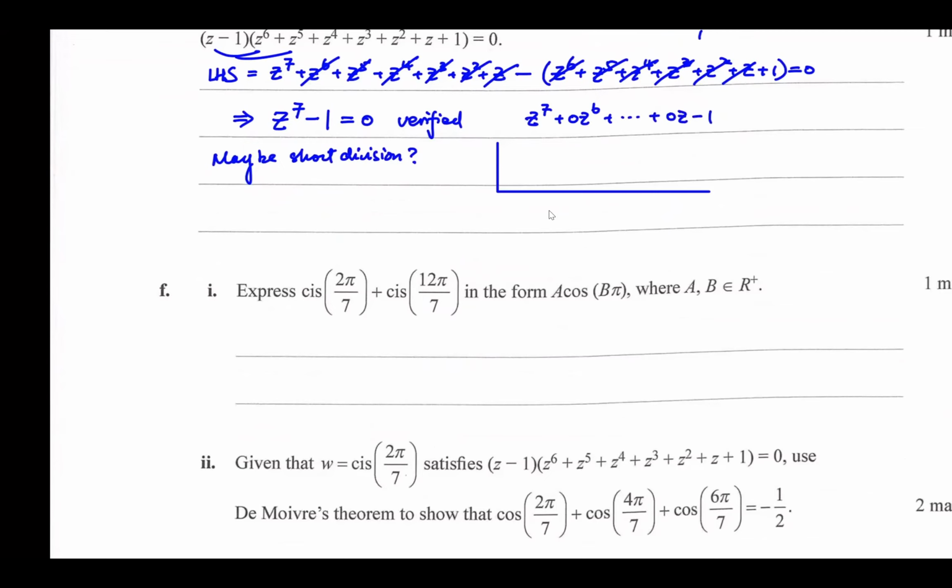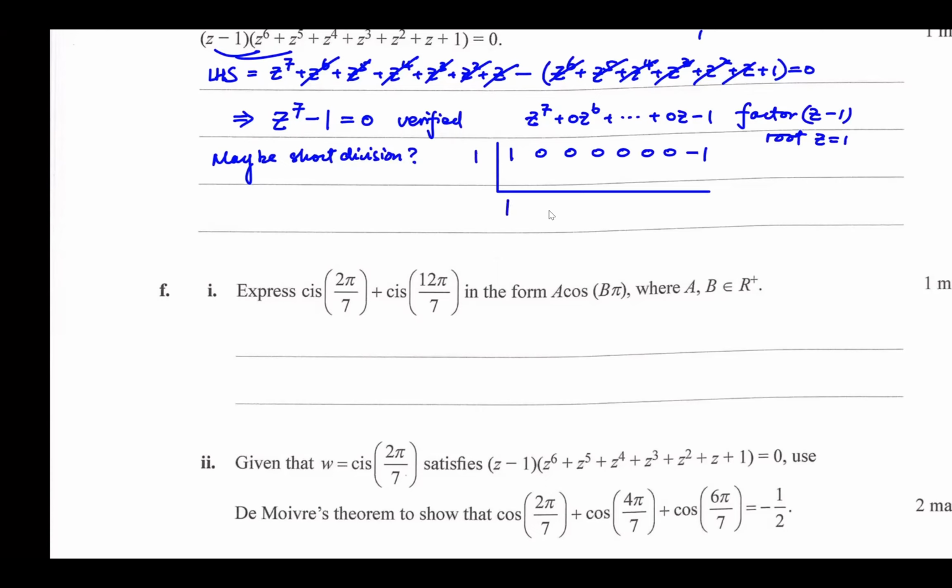So I will write it as 1, 0, 0, 0, 0, 0. Okay, hold on a second. How many zeros? 1, 2, 3, 4, 5, 6. 6. And you've got a minus 1 here. And a factor is z minus 1. So a root is z equals 1. So I'll put a 1 here.